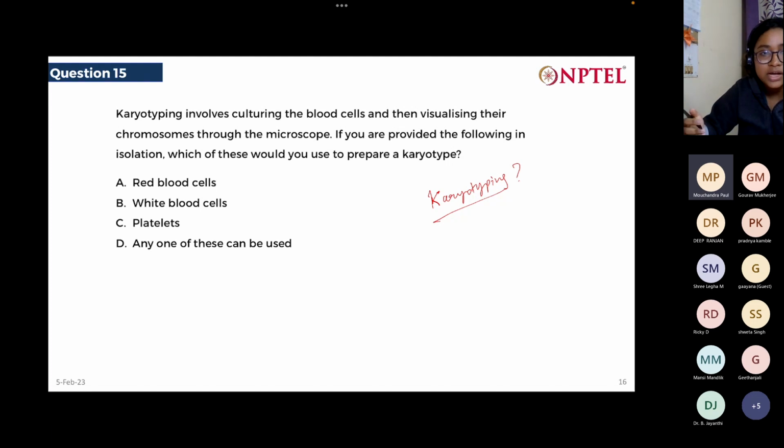So what do you think will be the answer? Ma'am, WBC. WBC. Okay, so why do you think WBC will be chosen? It contains nucleus. Correct. Why not platelets?